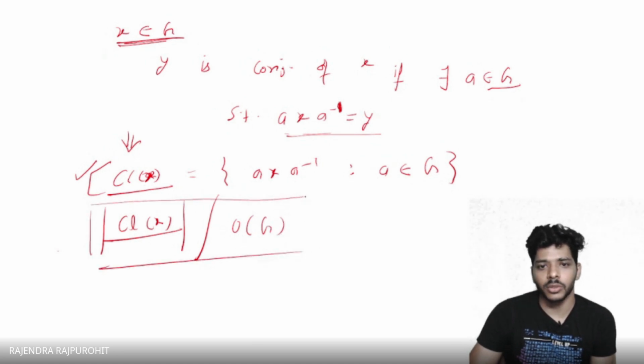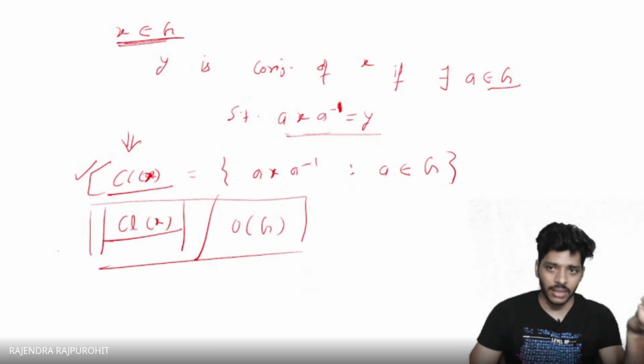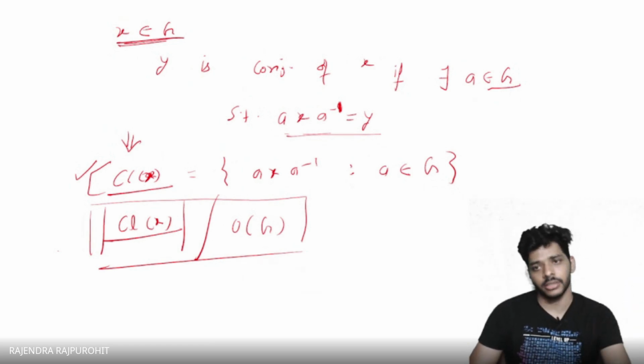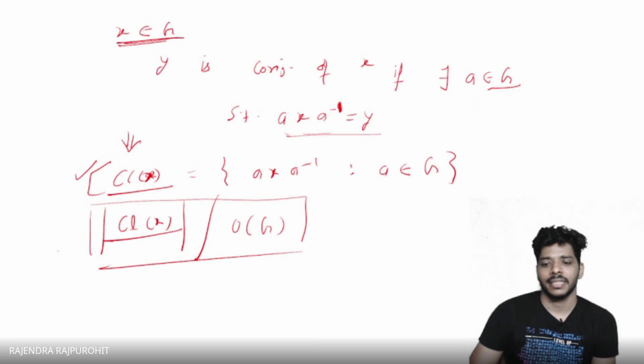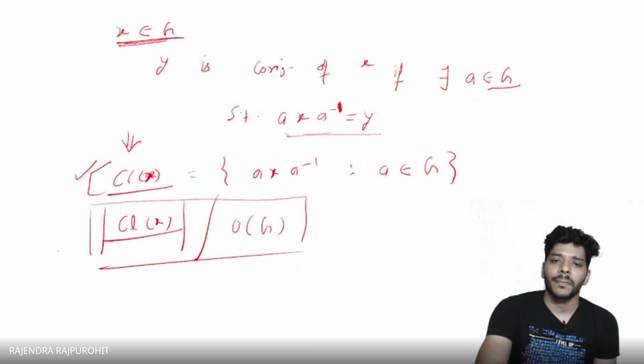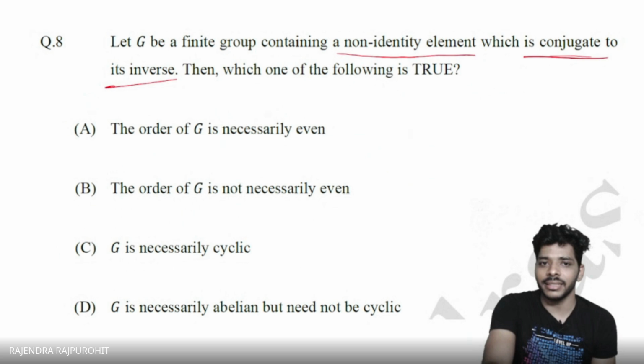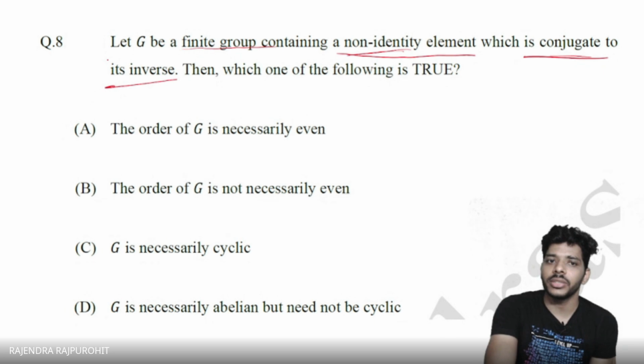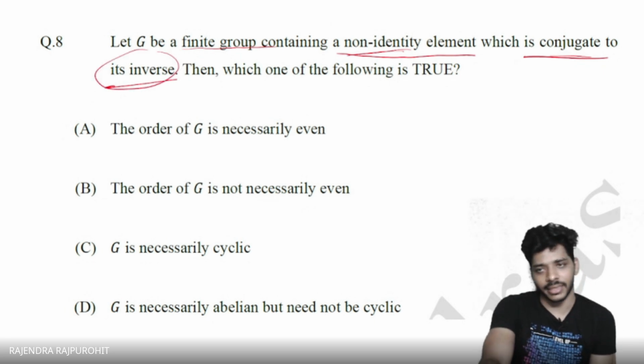Okay, the number of elements in a class divides the order of the group. Now what does the question say? It says that it is a finite group, and there is a non-identity element which is conjugate to its inverse.